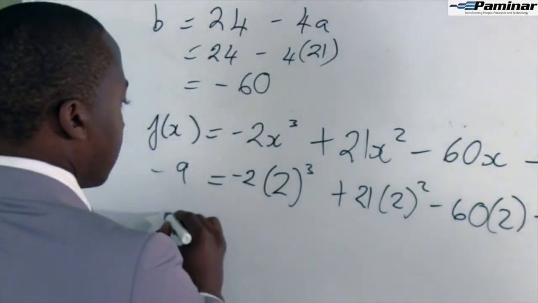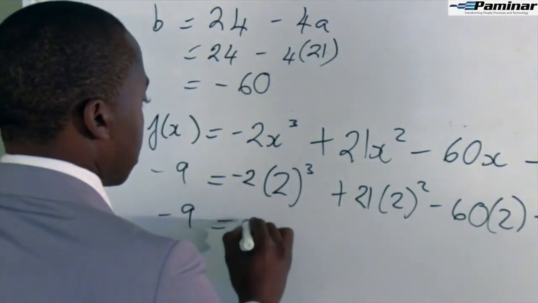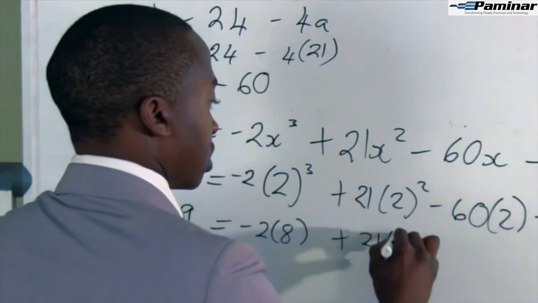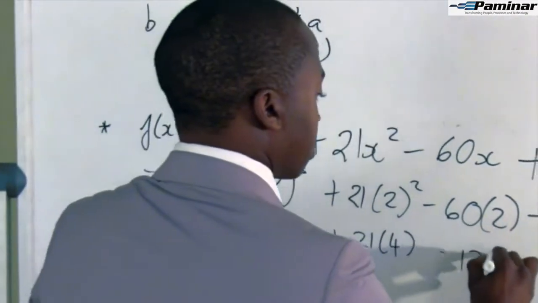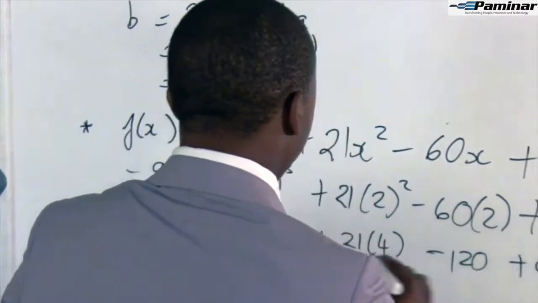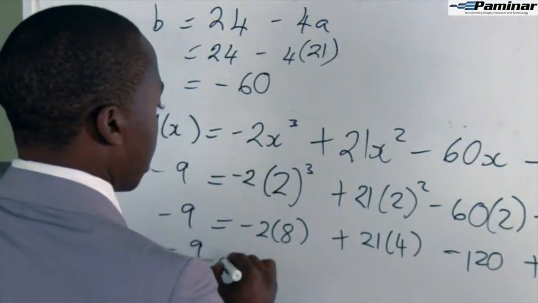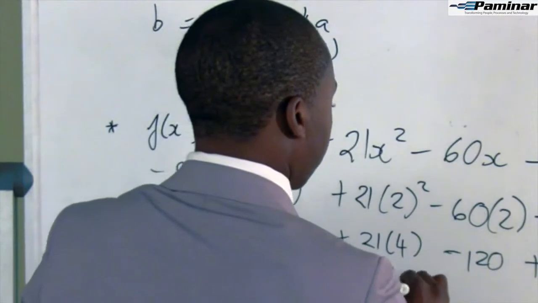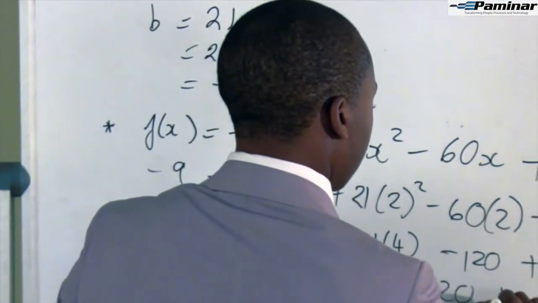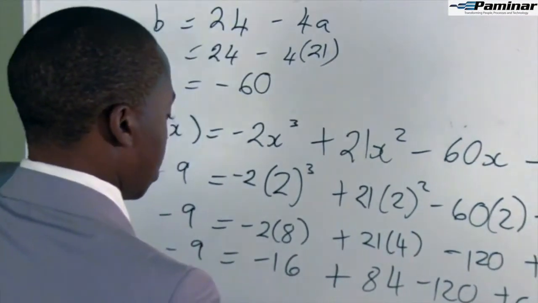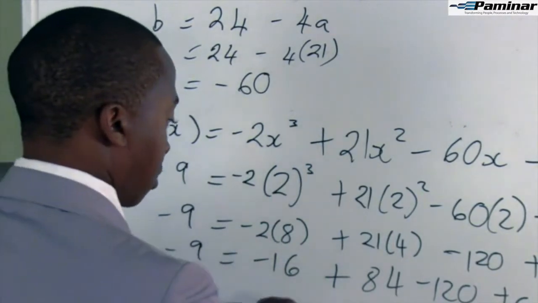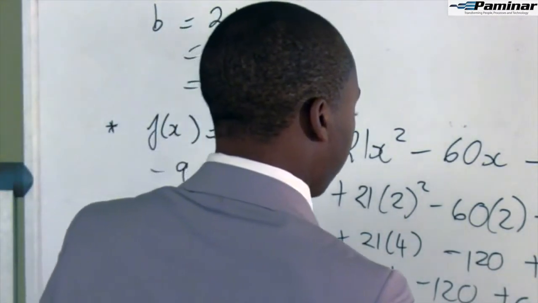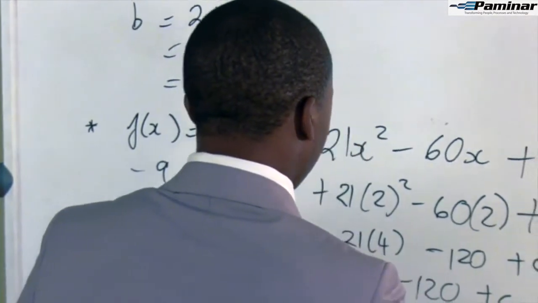Simplifying, minus 9 is equal to minus 2 times 8 plus 21 times 4 minus 120 plus c, which is minus 9 is equal to minus 16 plus 84 minus 120 plus c. Therefore c should equal, taking everything over, minus 9 plus 16 minus 84 plus 120.